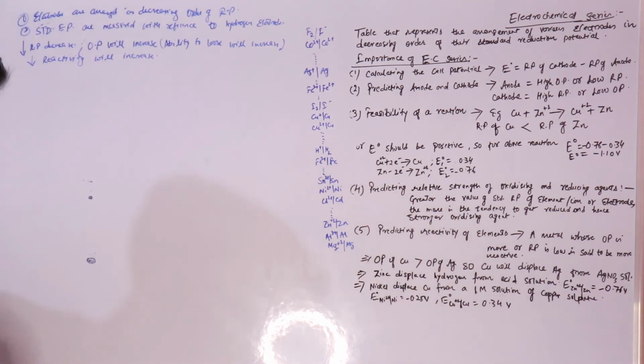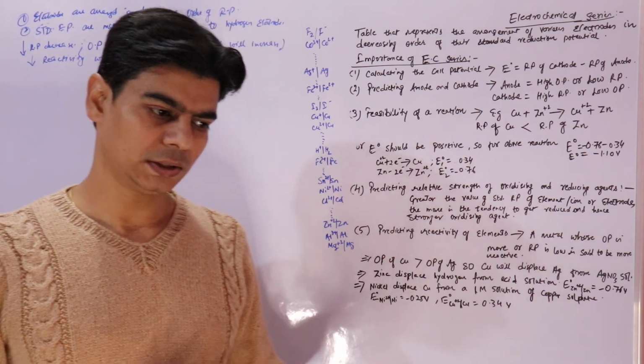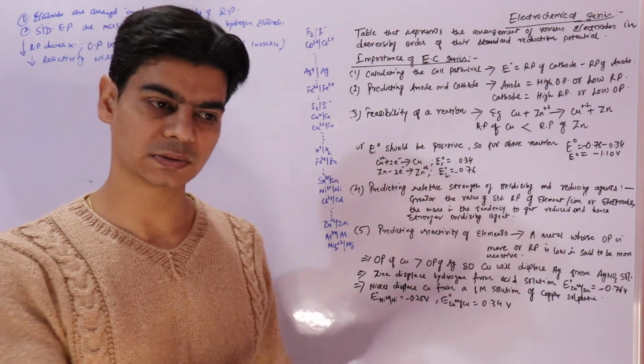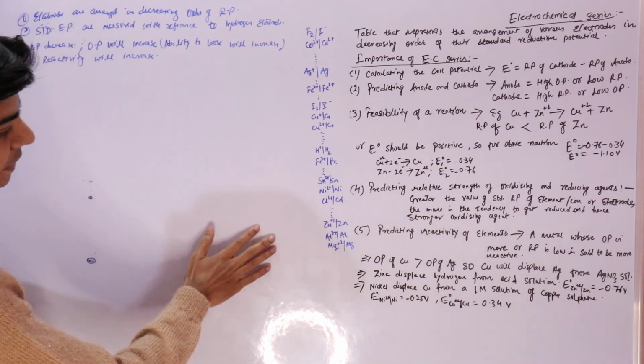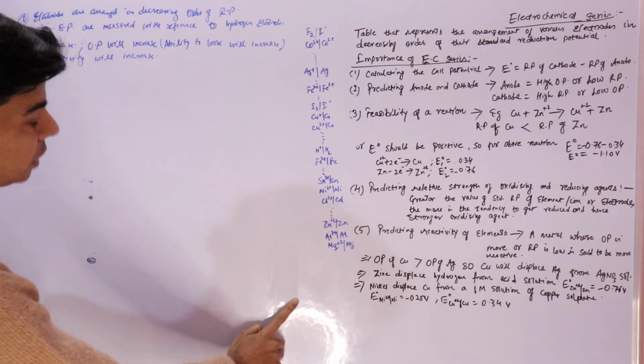Now let's talk about oxidizing agents. Oxidizing agents are those agents that can oxidize others by accepting their electrons. So we said that the ability to reduce is decreasing as you move down the series.